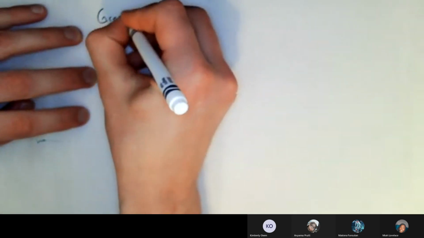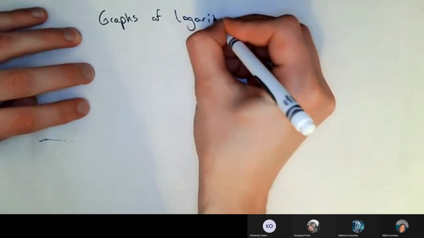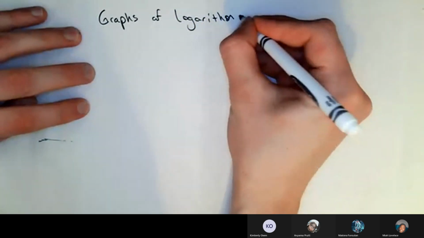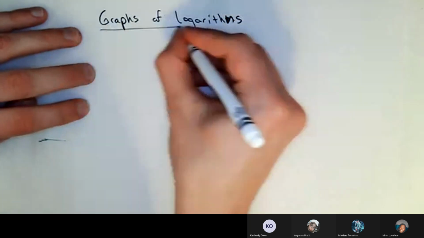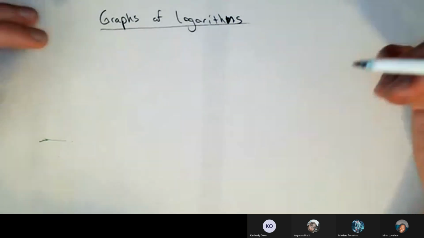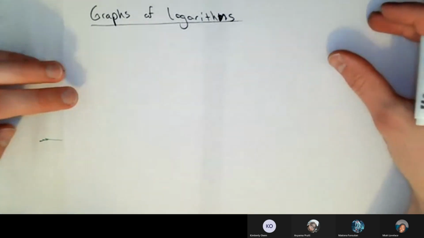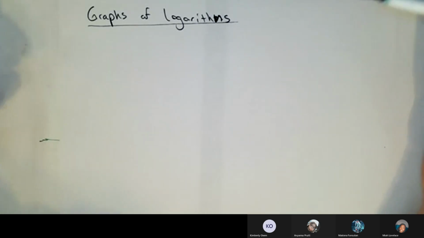Okay, so now we want to talk about graphs of logarithms. So we're kind of moving into now thinking of logarithms as functions. And whenever you're thinking of a function in math for your purposes, you'll want to probably think about a few things like what does the graph look like?